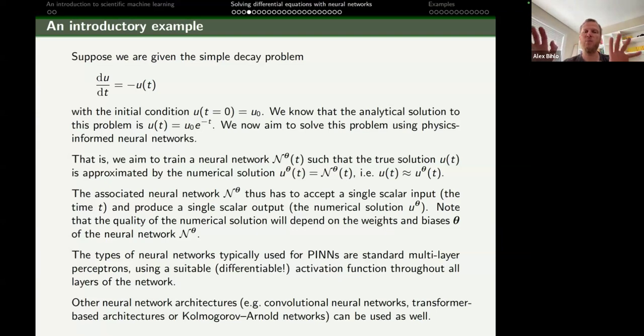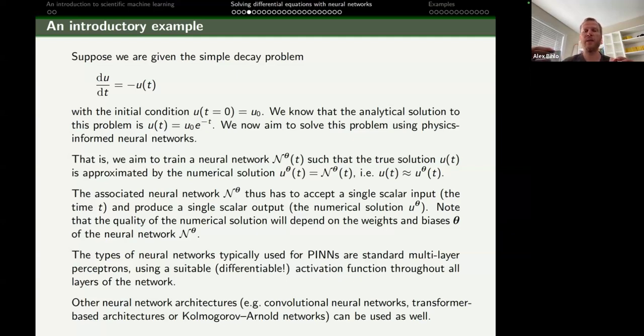That's given by your problem. And that's the same here. If you know that you have this differential equation, you know that your input has to be one-dimensional because there is a single input variable, and your output has to be one-dimensional because there is a single dependent variable. So the input has to be a single scalar and the output has to be a single scalar.